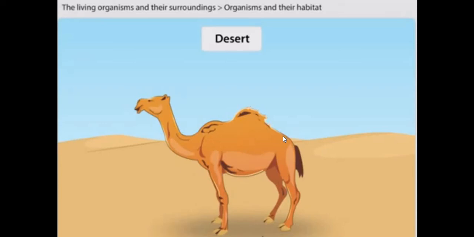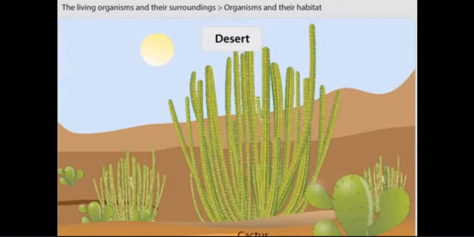Because camels live in desert where food is not very easily available, so they store food in the form of fats and they can survive without eating for many days. Also, they store lots of water, not in this hump but somewhere else. Its feet are webbed so that it can walk easily in the desert. If you take some other animal like horse, it will start sinking in the ground.